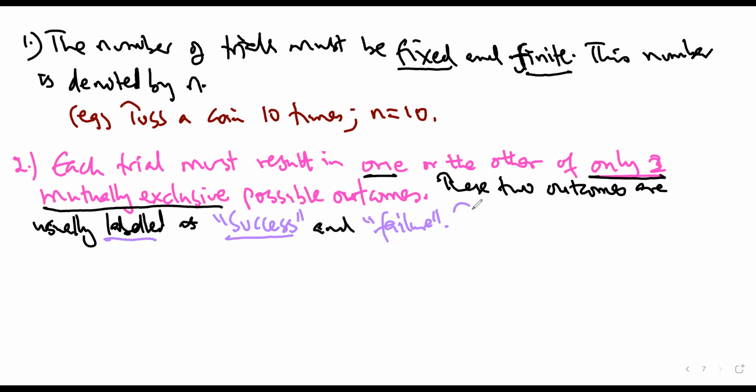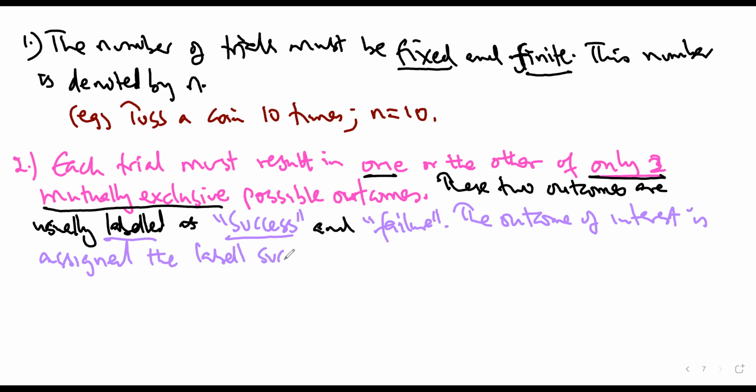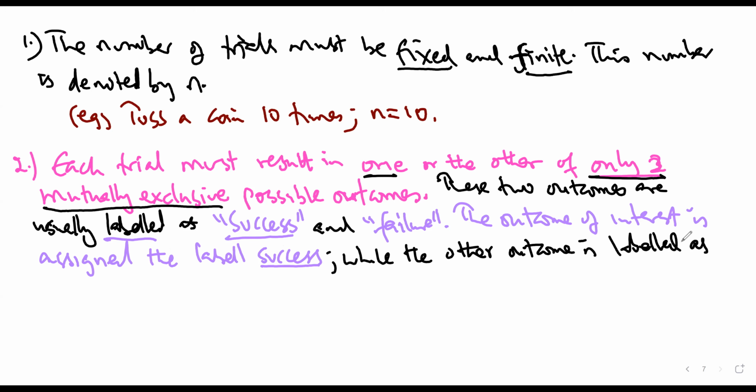The outcome of interest is assigned the label success, while the other outcome is labeled as failure.